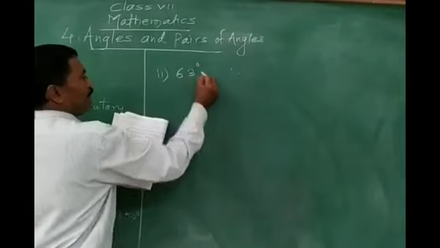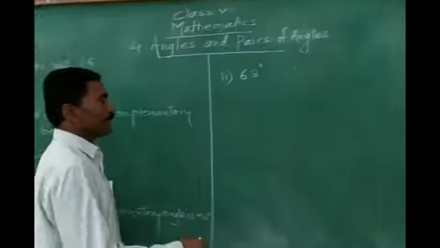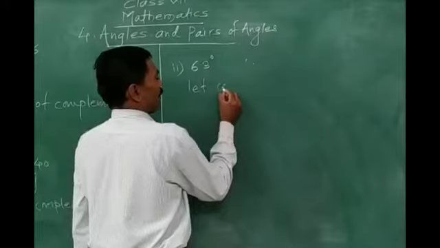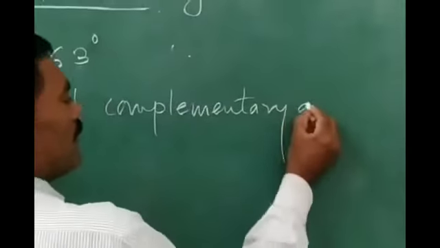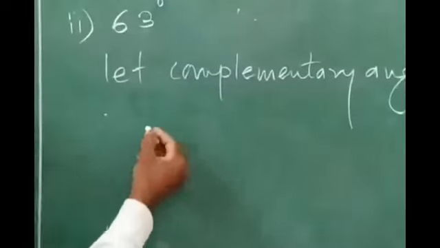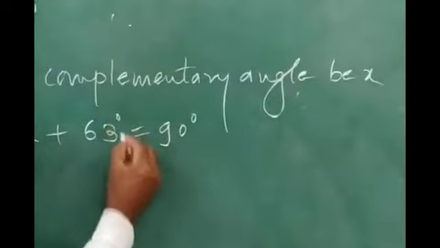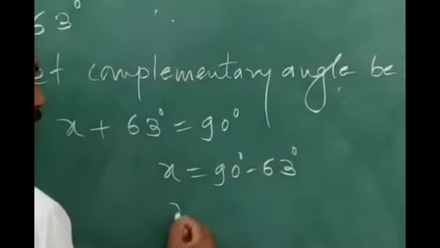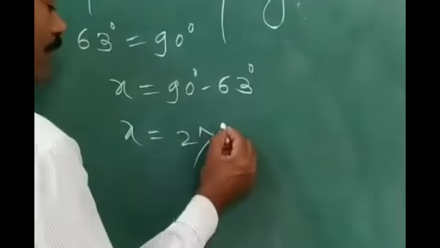In this way, we have solved the first question, and next, the second is 63 degrees, and we have to find the complementary angle of 63 degrees. As usual, let the complementary angle be x. Therefore, x plus 63 is equal to 90 degrees, and x is equal to 90 minus 63 degrees. x is equal to 27.